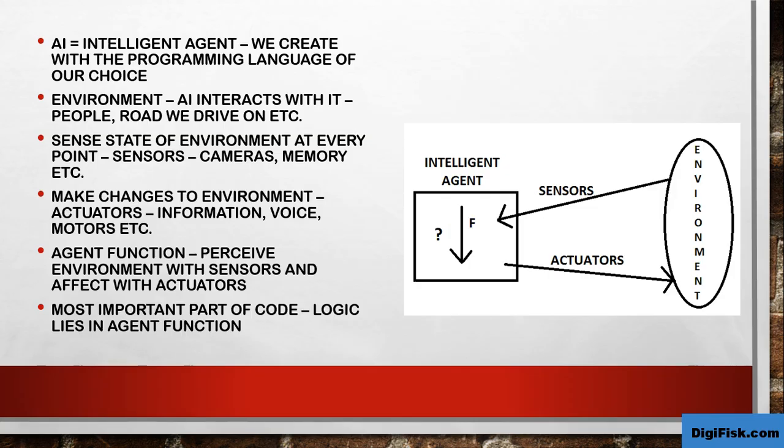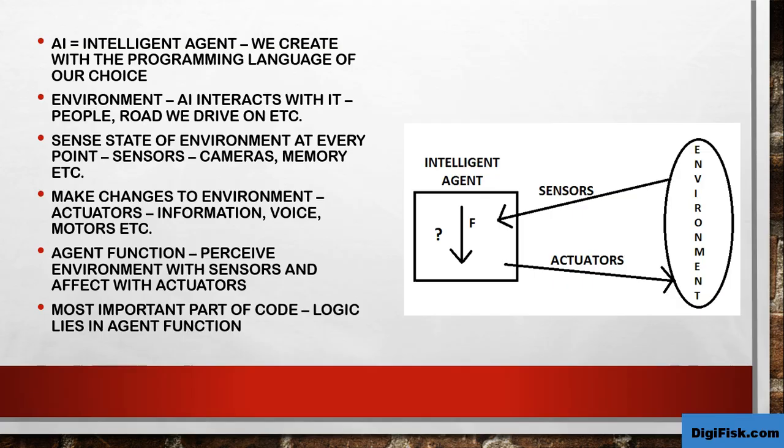The question is in how the agent function works on a problem. So once you've created a working agent function for the problem you're working on, you're done creating the AI. Okay, the rest are all just fluff that can easily be created with the usual lines of code. The logic of the AI program lies in the AI function, that is the agent function.